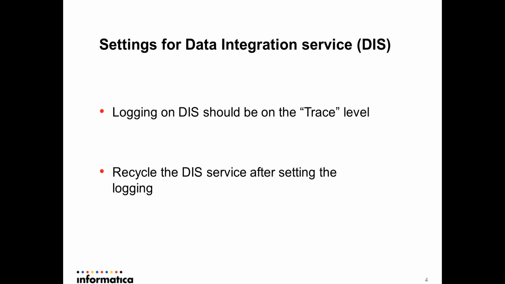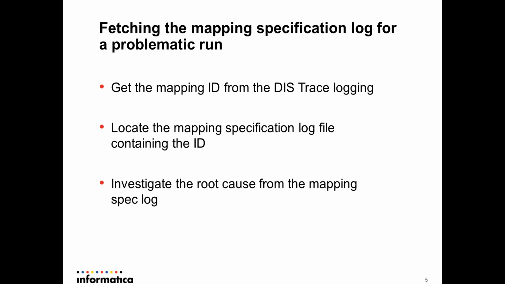On the DIS level, to enable the information that will tell you the location of the mapping specification log, you need to set the logging level to trace, and you should recycle the data integration service after setting that logging level. And once you have the trace level on the data integration service, you should be able to see the mapping ID from the data integration service logging.